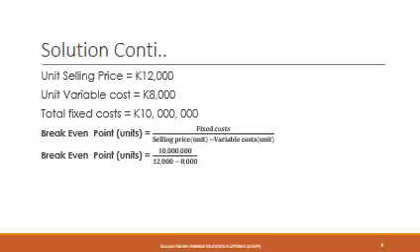So where there is total fixed cost, we are going to put 10 million, and where there is the selling price per unit, you are going to put 12,000, and where there is variable cost, you are going to put 8,000. So after doing some calculations, we find that the break-even point in terms of units is equal to 2,500 bags, because our product is being sold at 12,000 per bag and variable costs are also per bag.